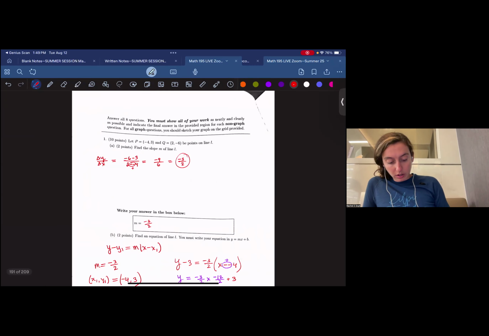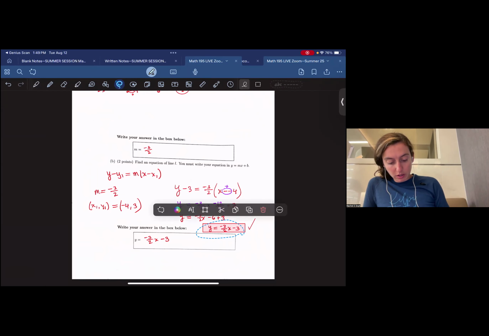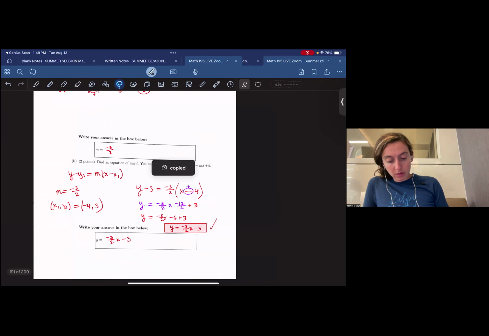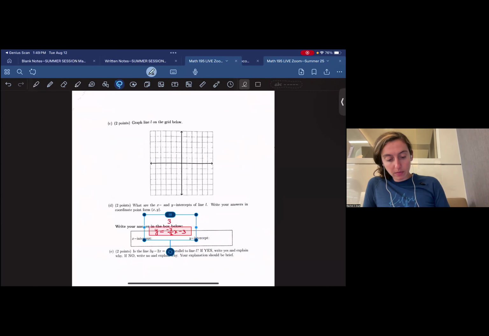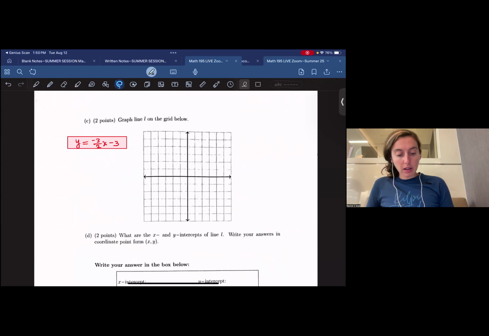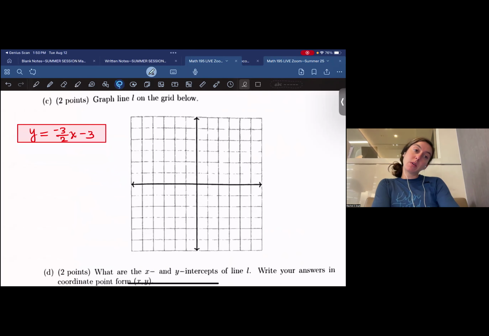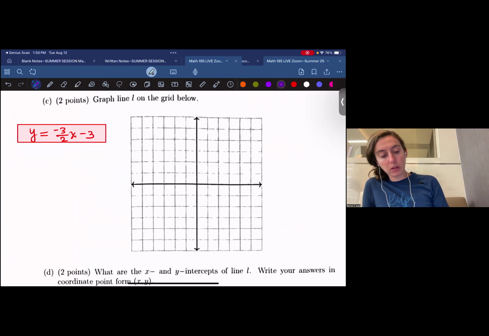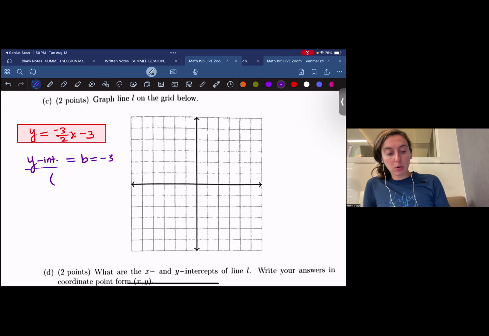So I'm just going to copy and paste our equation from our previous slide so we have easy access to it. And so how do we graph lines? Well, we utilize both the y-intercept as well as your slope. Our y-intercept is equal to our b value, which is -3.